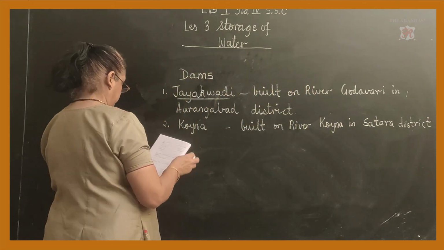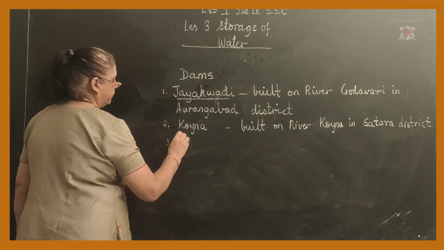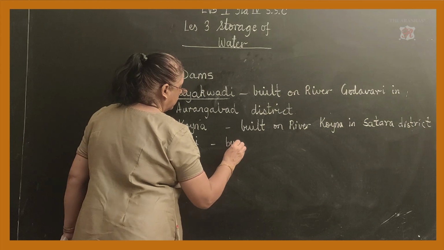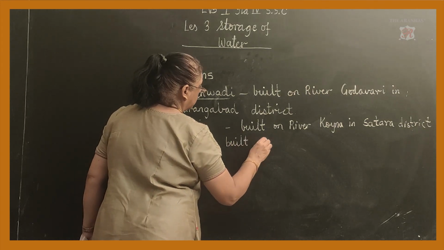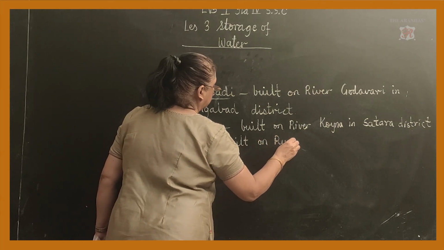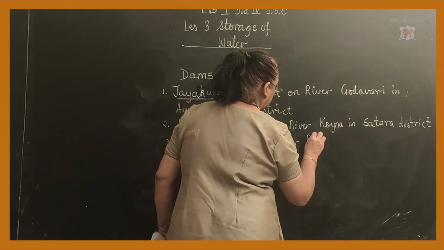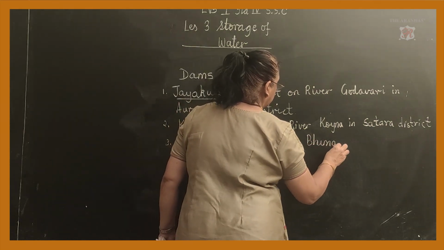Third, Ujni, built on river Bhima in Sholapur district.